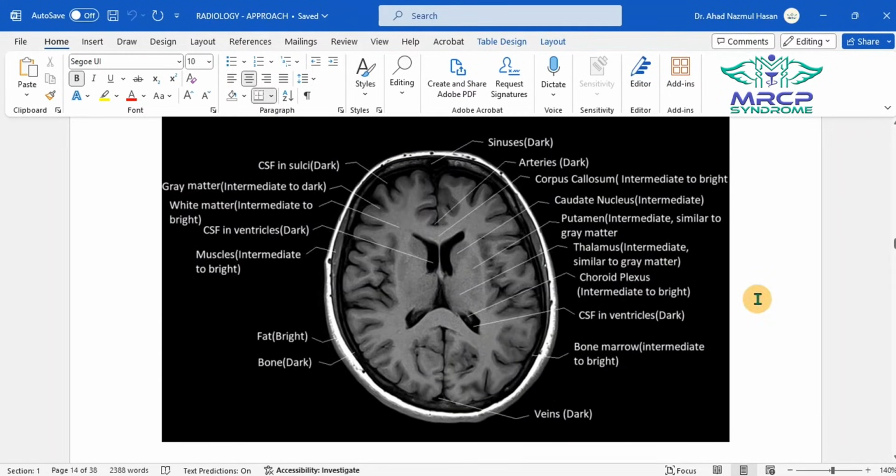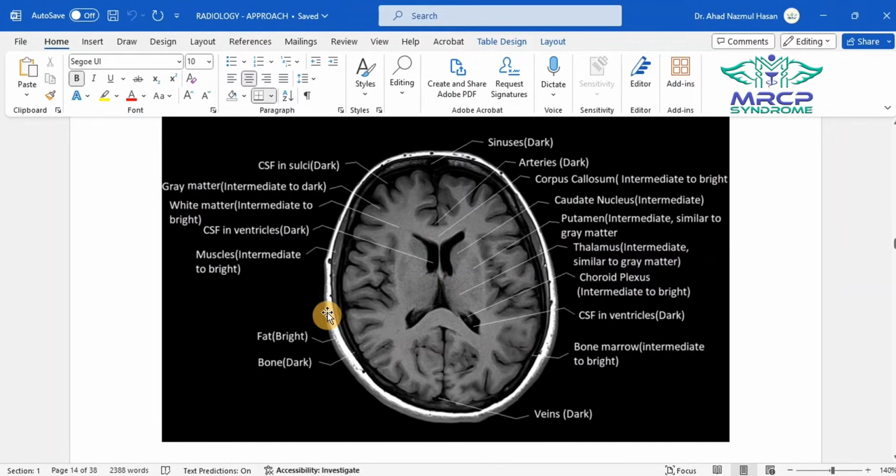So is this T1 or T2? T1. What should be the color of CSF in T1? Black. The CSF would be black or hypointense. Within the sulcus it is black, and also in the ventricles. The ventricle containing the CSF will also be black.